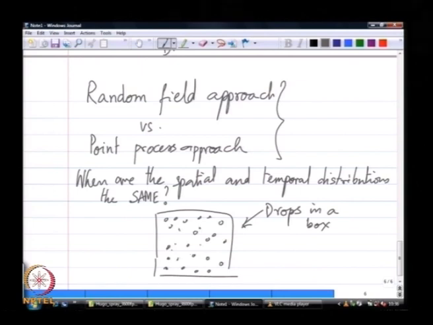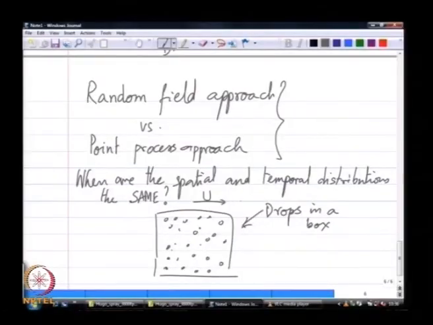Okay, there are different size drops. If every drop in this box was moving to my right with exactly the same velocity. Okay, so, all the drops are moving to my right with exactly the same velocity.